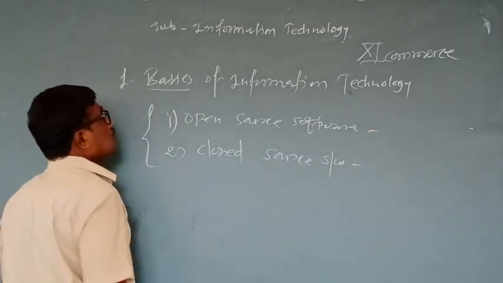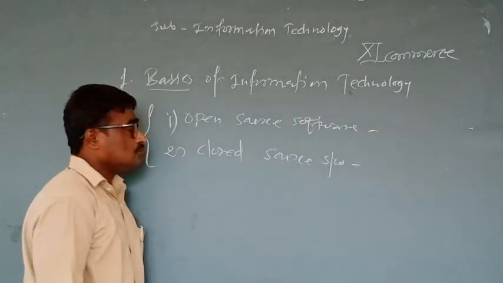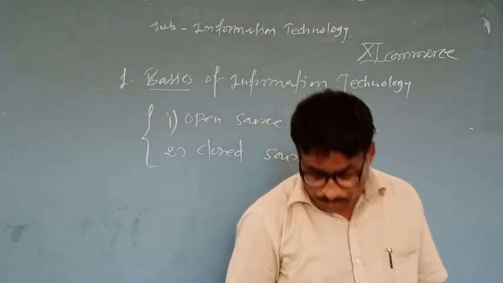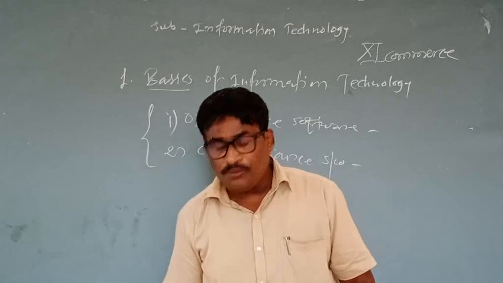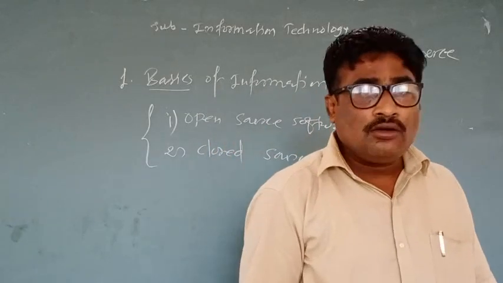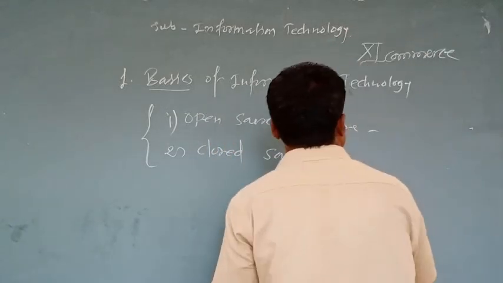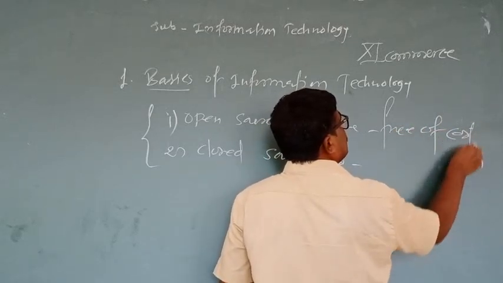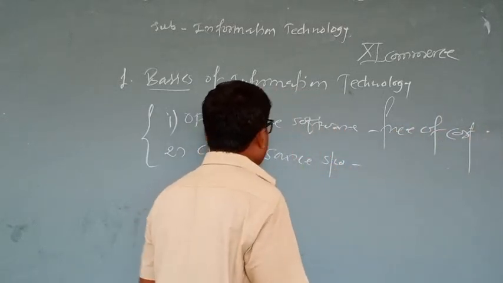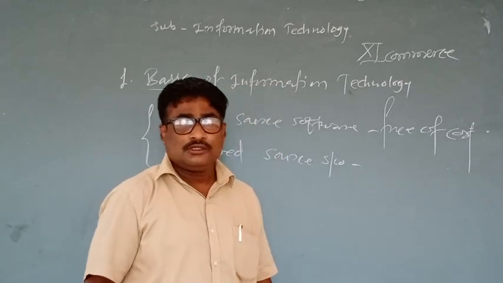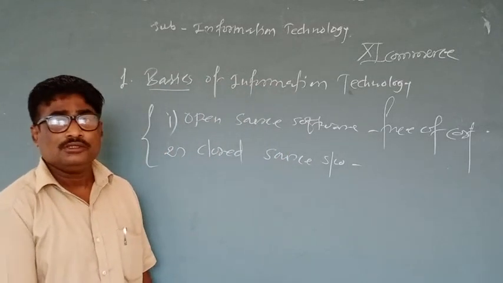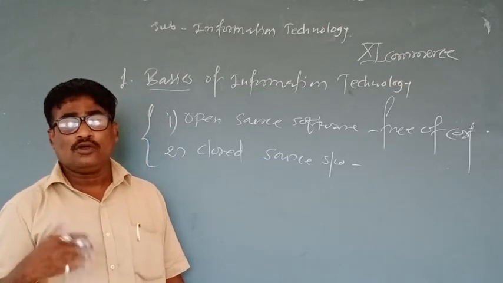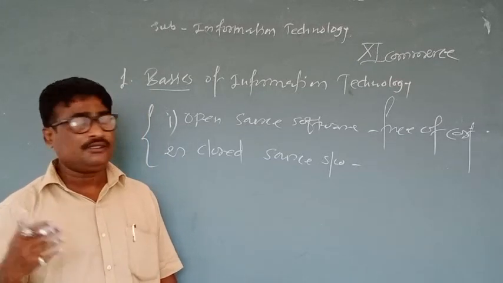See here, what is the difference between open source and closed source? Open source software is software which is free of cost, which can be used by any person. Free of cost. Okay.